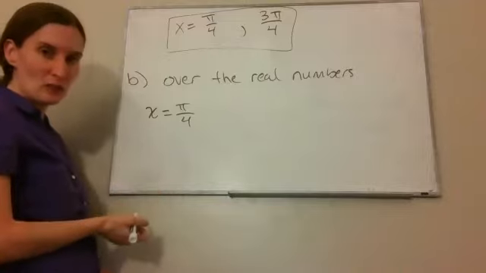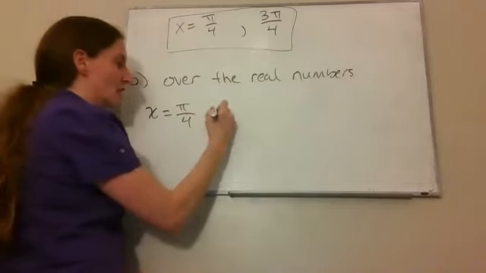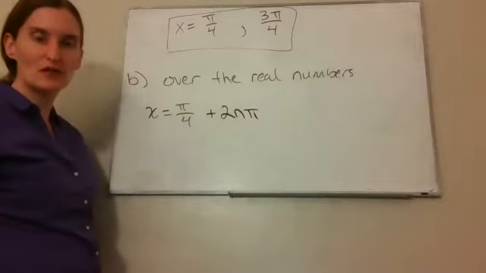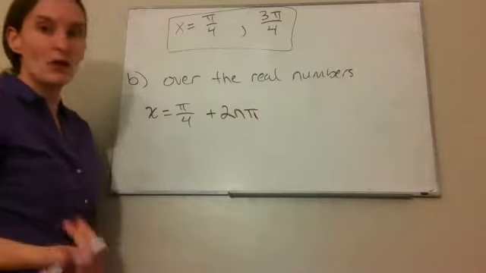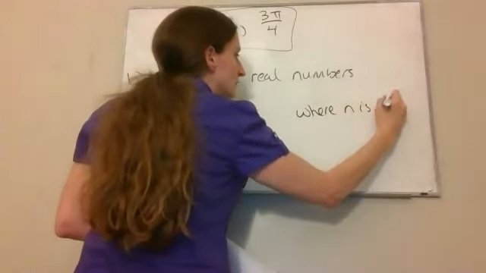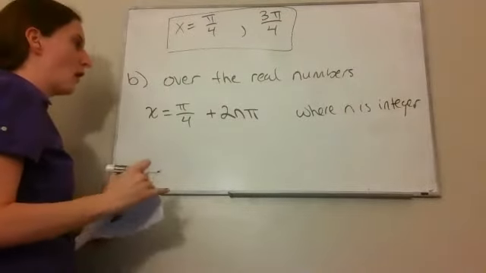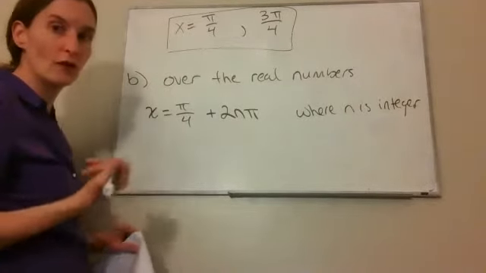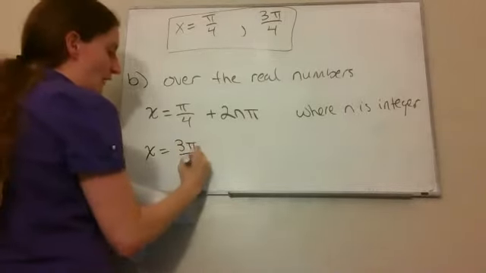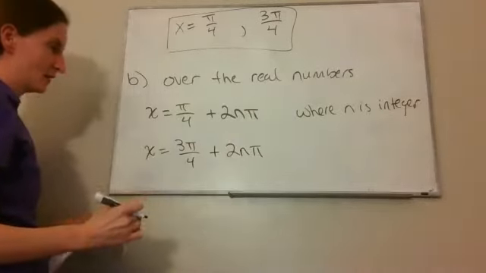So I can add 2 pi, or really any multiple of 2 pi to this answer. One way to write multiples of 2 pi is writing it as 2 times n times pi, where n is an integer. And this is just saying pi over 4 plus all multiples of going around the circle a full time. And then I also have the same thing for 3 pi over 4, plus all multiples of 2 pi.